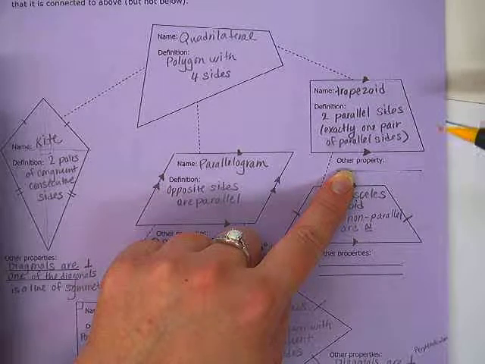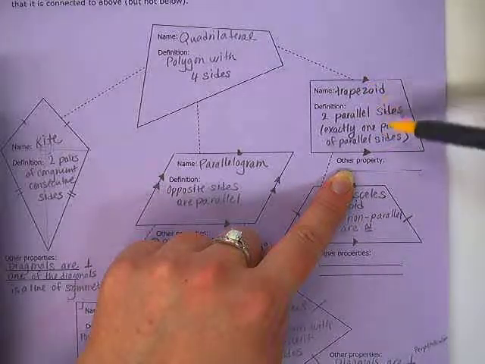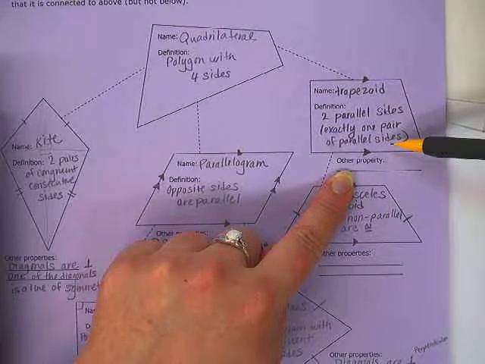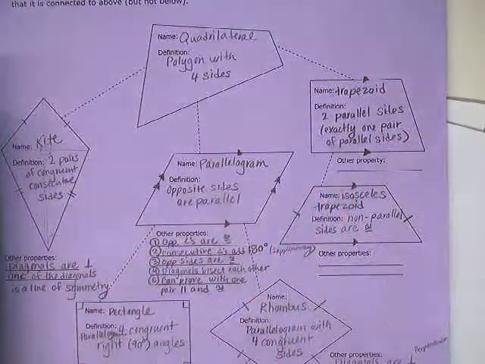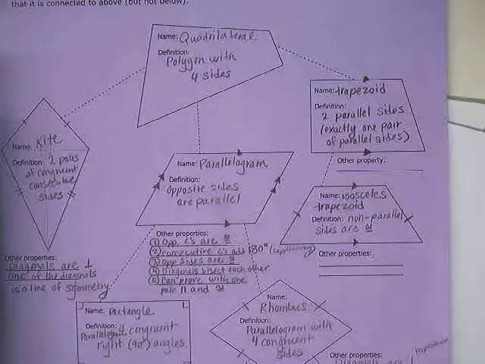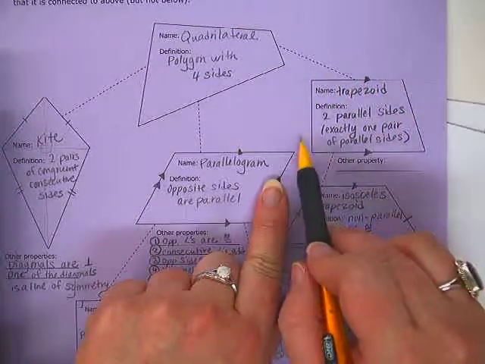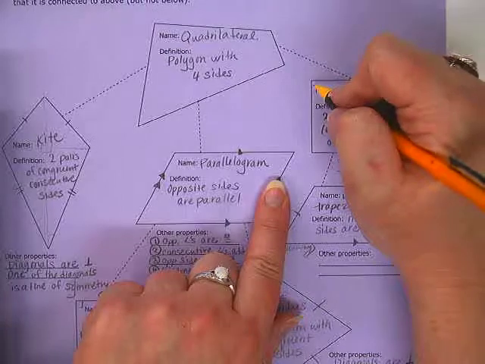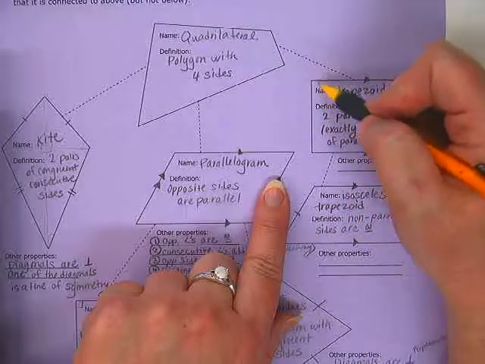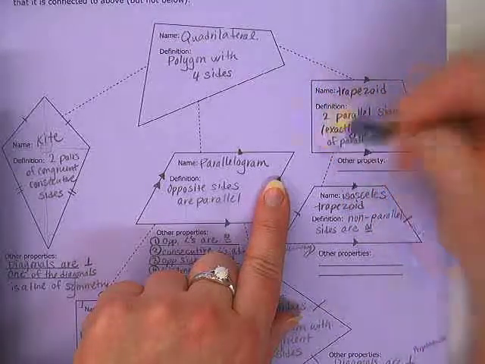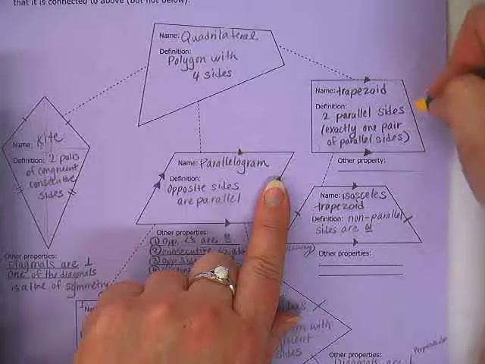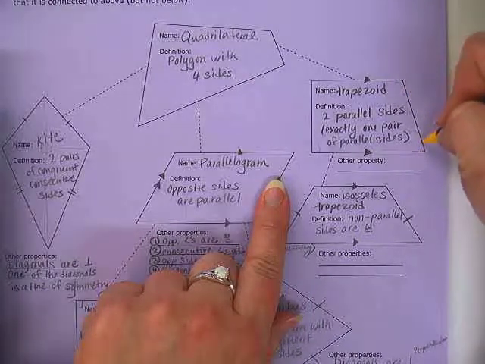The definition of a trapezoid is that you have one pair of sides that's parallel. Okay? The next property we need to learn about trapezoids is that same side interior angles add up to 180. So if this line is parallel and this line is parallel, then we have a set of same side interior angles here and here, and we have a set of same side interior angles here and here.